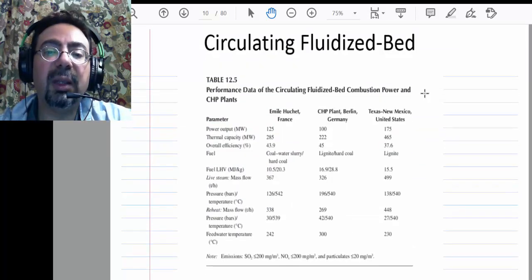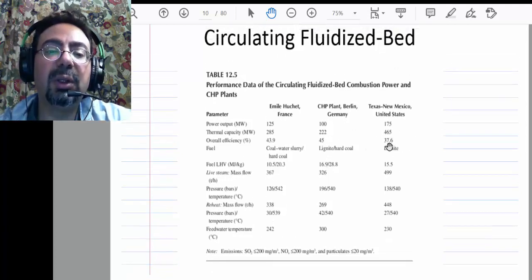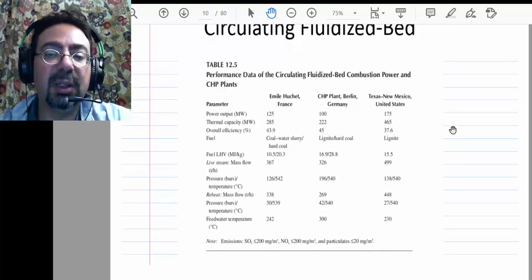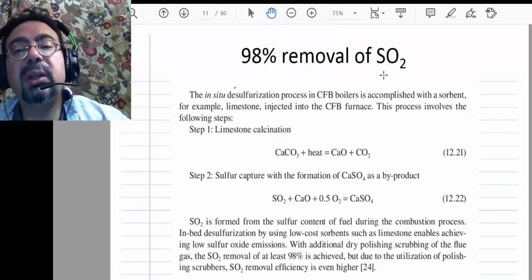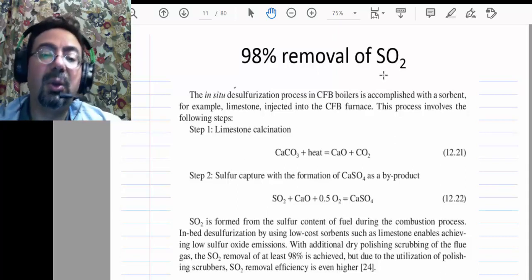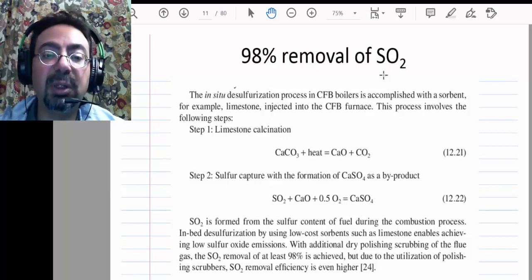Okay, circulating fluidized bed, I just want you to know there are efforts to make coal burners cheaply, and in Germany they also do a lot of research on making clean coal. And here is what they do to get rid of any sulfur. Some coals are too dirty to burn in the USA.